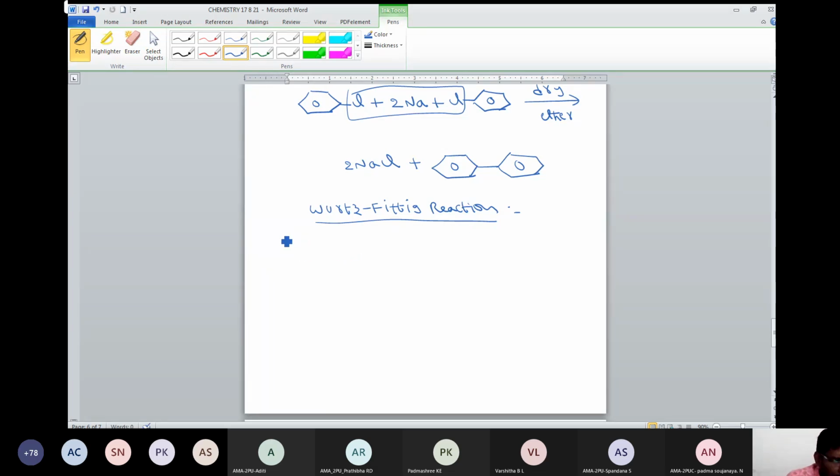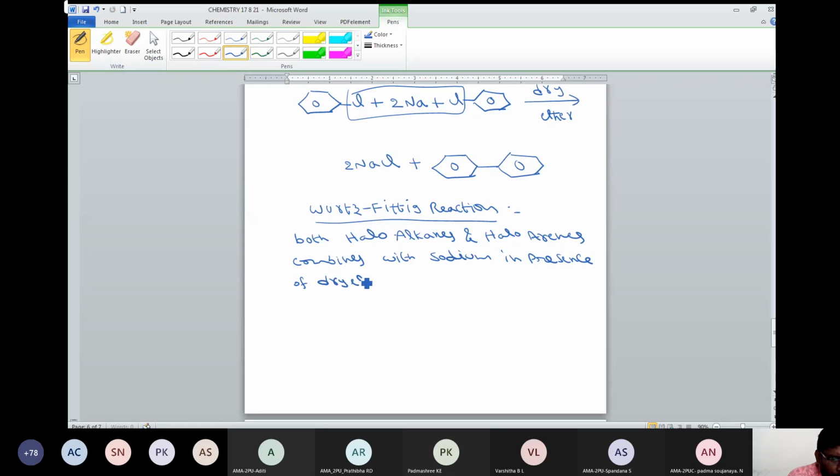What is the Wood-Fittig reaction? Both haloalkanes and haloarenes combine with sodium in presence of dry ether.